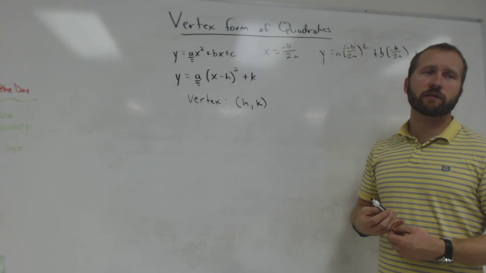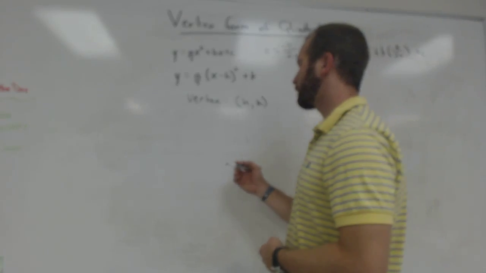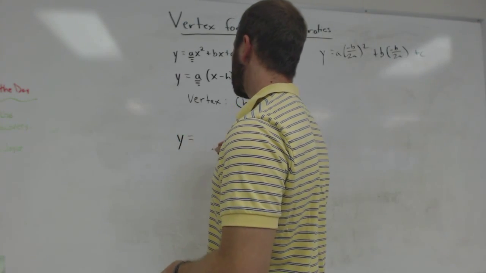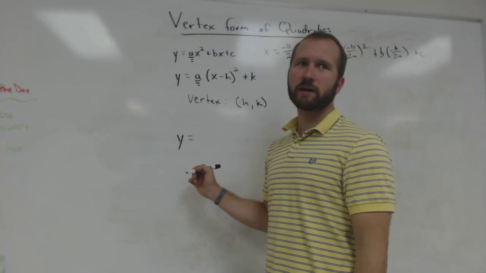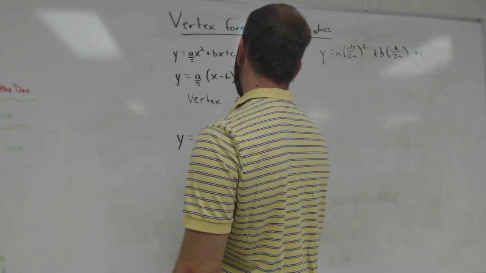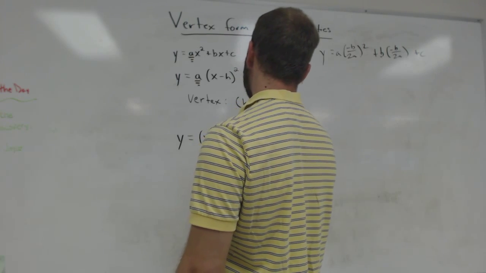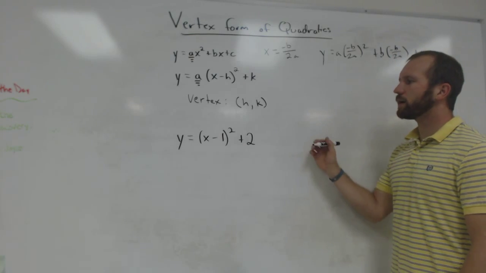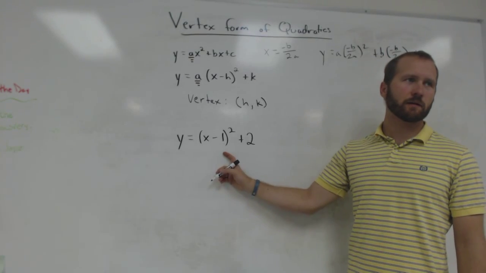Yeah, so let's give an example of this form. I want to start off with something simple, but you may go, wait a second, when you see this. So y equals (x minus 1) squared plus 2. Why are you maybe going, wait a minute?